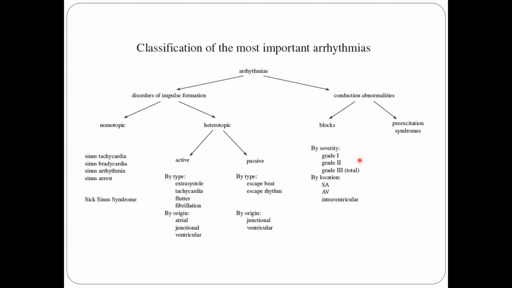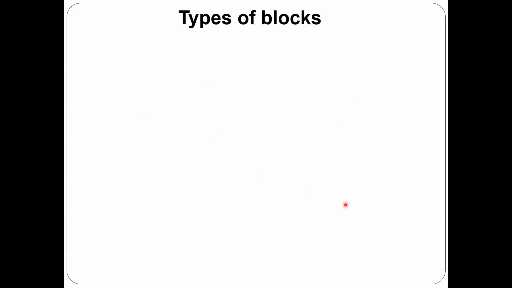And by location, we talk about the sinoatrial block, the AV junctional block, and intraventricular blocks.